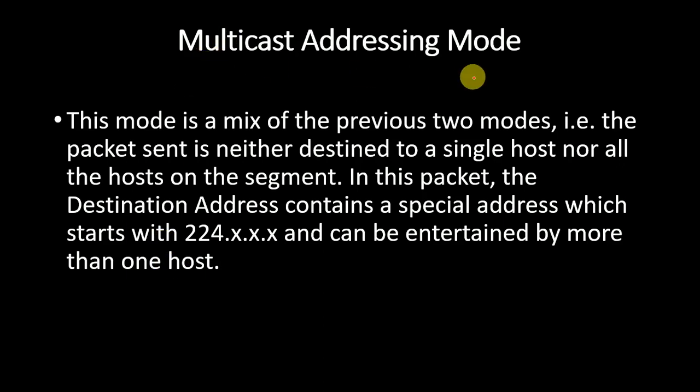Next one is the multicast addressing mode. This type of addressing mode mixes the previous two modes, that is, the packet is neither destined to a single host nor to all the hosts in the segment.